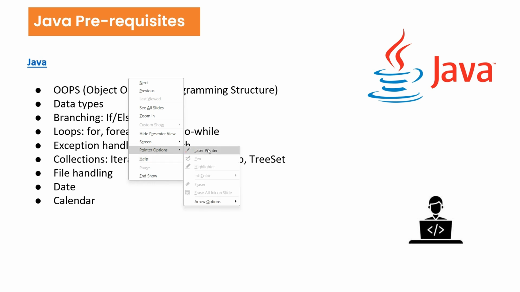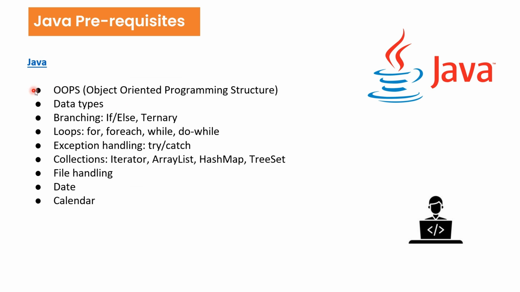You need to work on OOPS, the object-oriented programming concepts, as well as data types and conditions such as logical operators like if, else, ternary, loops like for loop, while loop, do while loop, exception handling like try catch, collections like iterator, map, set, hash map, list, tree set, file handling, date, calendar. If you are good at these Java topics, then you are good to master SailPoint, to do SailPoint development.